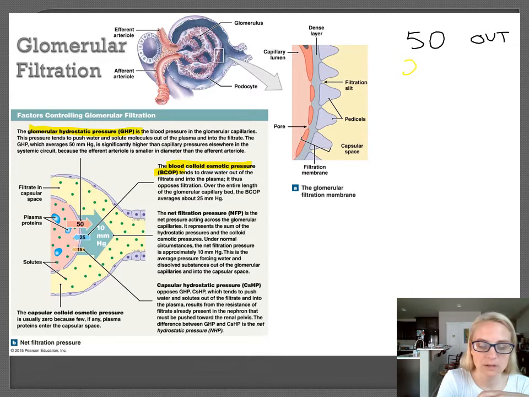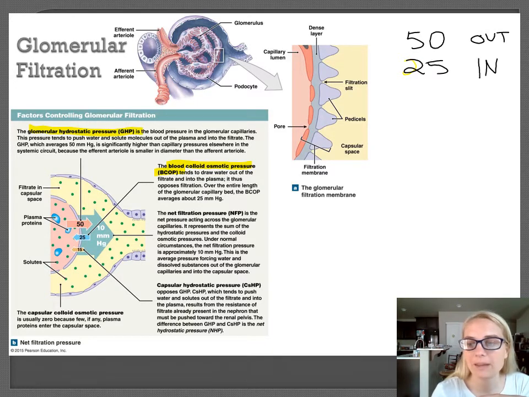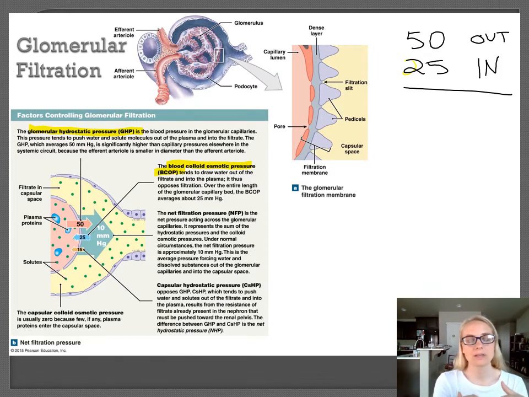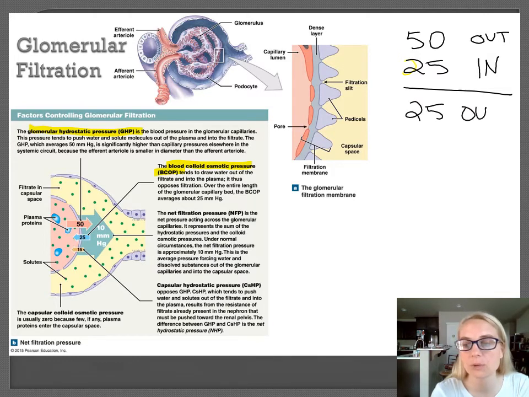So that is 25 back in. That's an inward, opposing force. So if we were to have a net hydrostatic pressure, it's about 25 out. So we cancel about half of that capillary hydrostatic pressure with the blood colloid osmotic pressure.